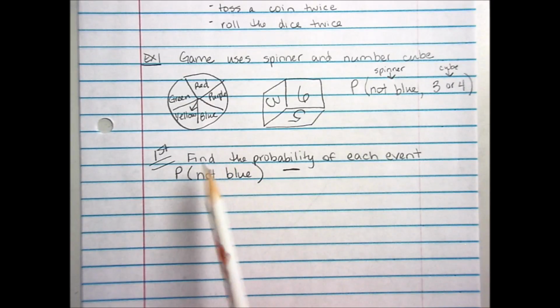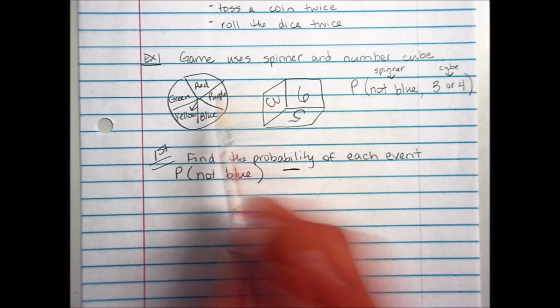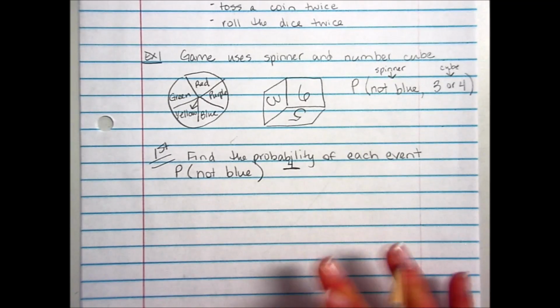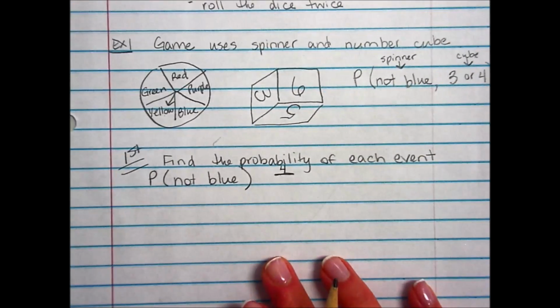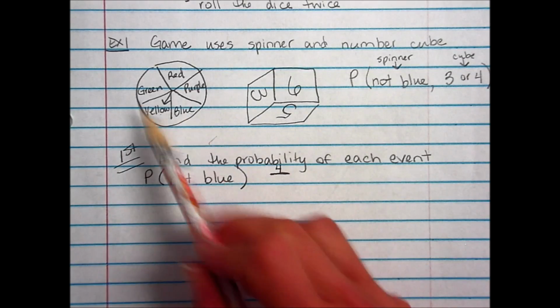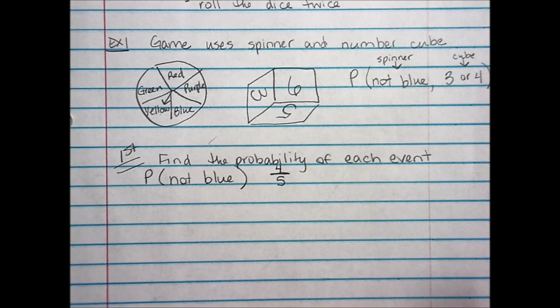Well, how many chances are there to not get blue in our spinner? Jay? 4. 1, 2, 3, 4 is correct. Out of how many total choices on the spinner, Lamar? 5. And there are 5 choices total. So we have a 4 out of 5 chance of not getting blue.